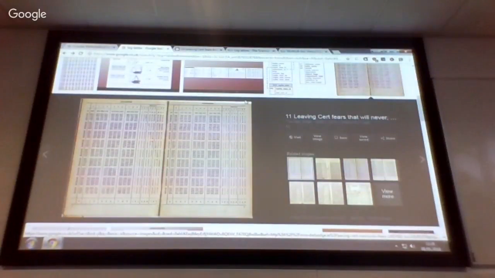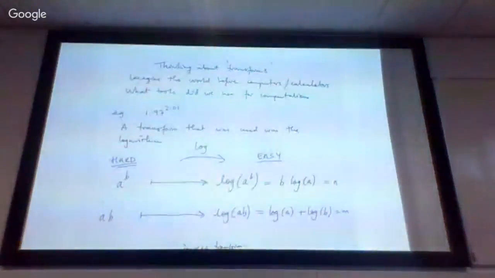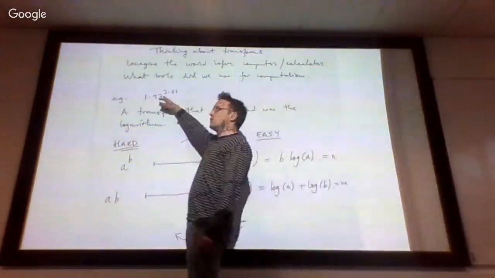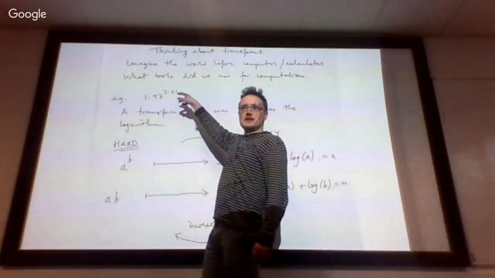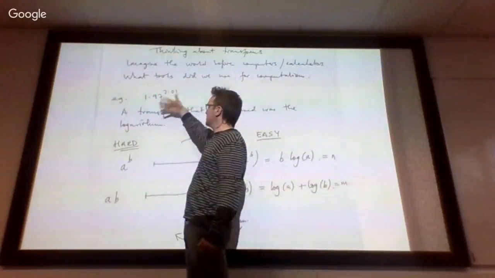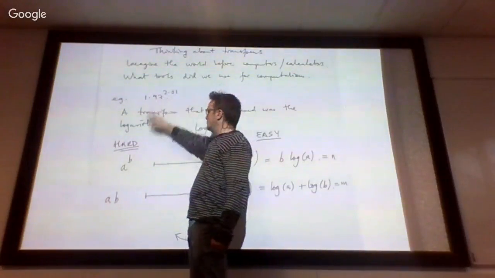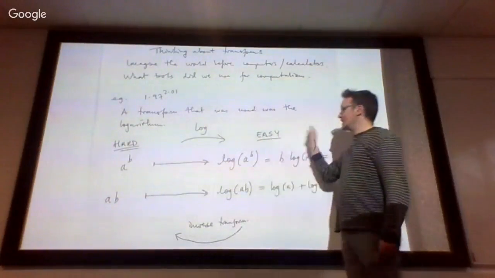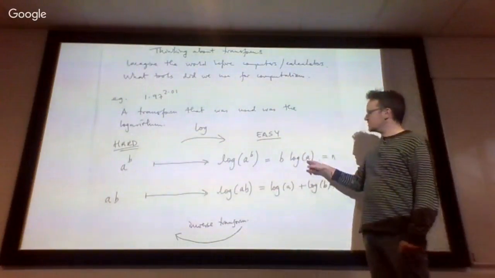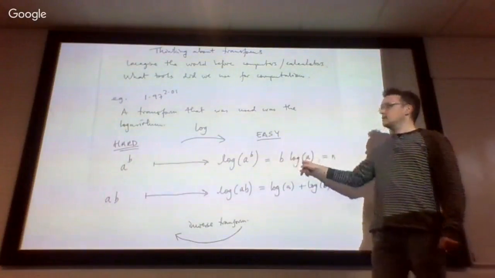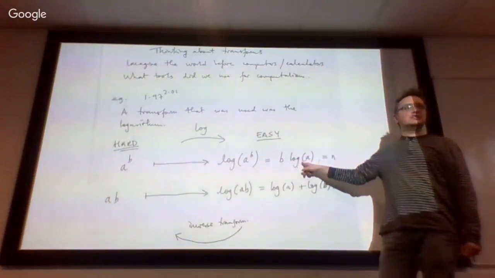So if you were doing lots of computational work with accurate quantities with decimal places, and in the course of your calculations you had to perform a power like this, you would use your table to look up the logarithm of the base, and then simply carry out this multiplication.